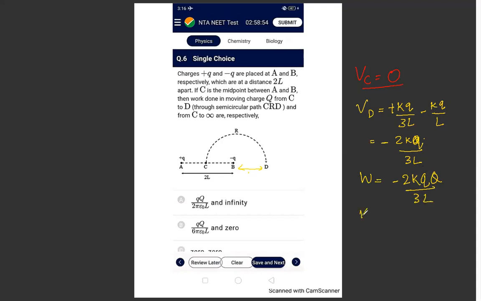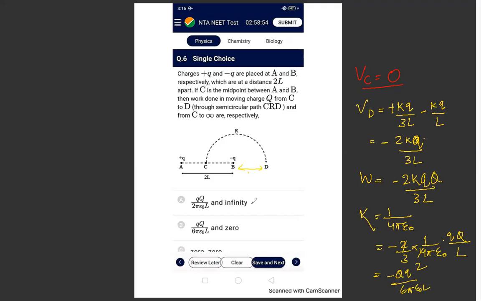And here k is replaced as 1 by 4 pi epsilon naught. So we can write minus 2 by 3 into 1 by 4 pi epsilon naught into Q, capital Q divided by L, right? So this is coming as minus QQ by 6 pi epsilon naught L.